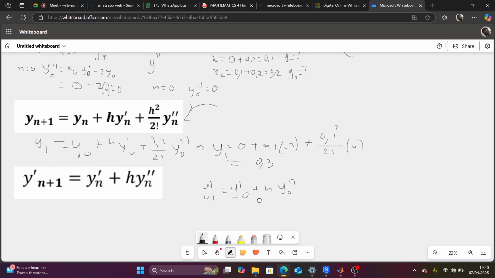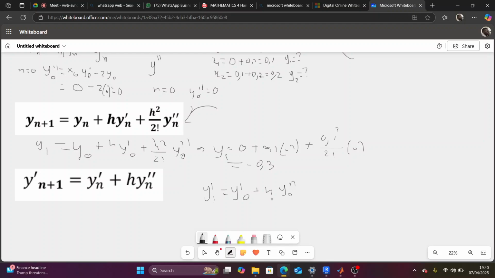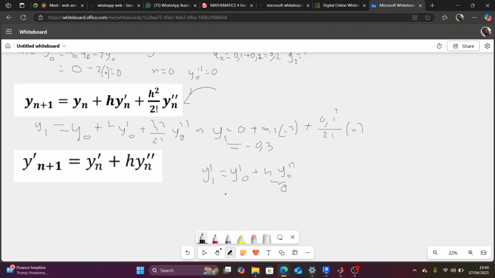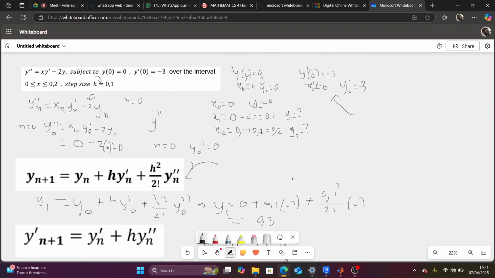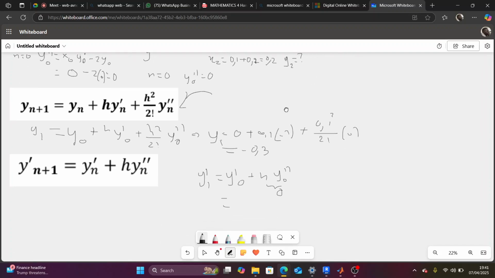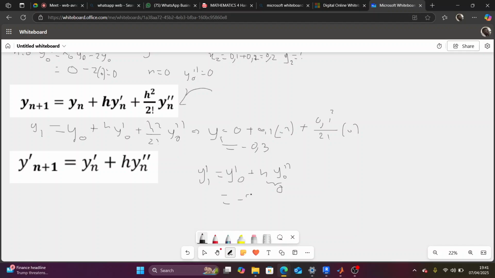But remember, y second of 0, you know it's 0, so this part will not exist. So what do we have as the answer? What is y prime of 0? Y prime of 0 is minus 3. So now you got minus 3. I hope that's what they got as well.